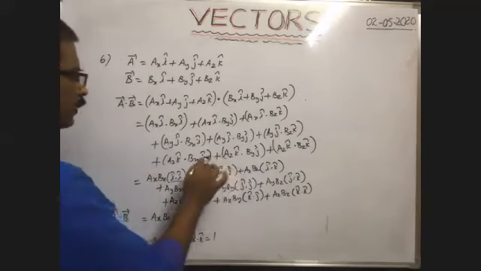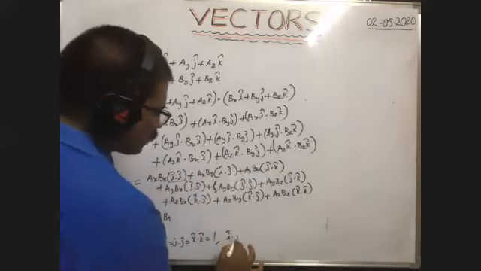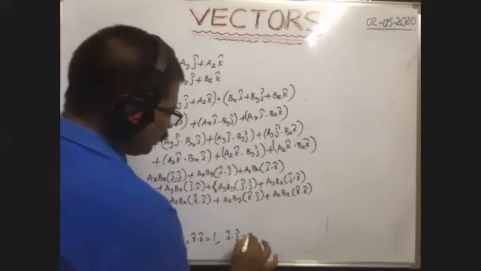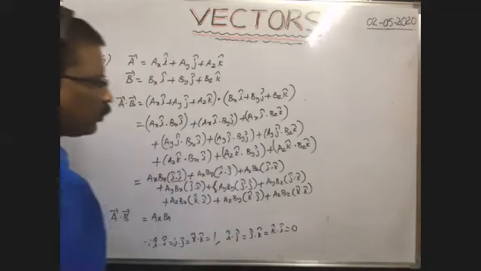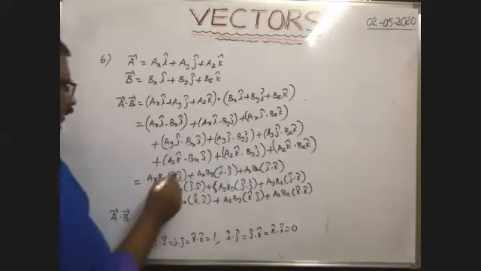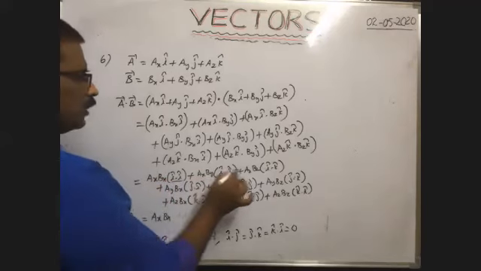Here I cap dot j cap, j cap dot k cap or k cap dot I cap is the dot product between two dissimilar unit vectors, that is 0.